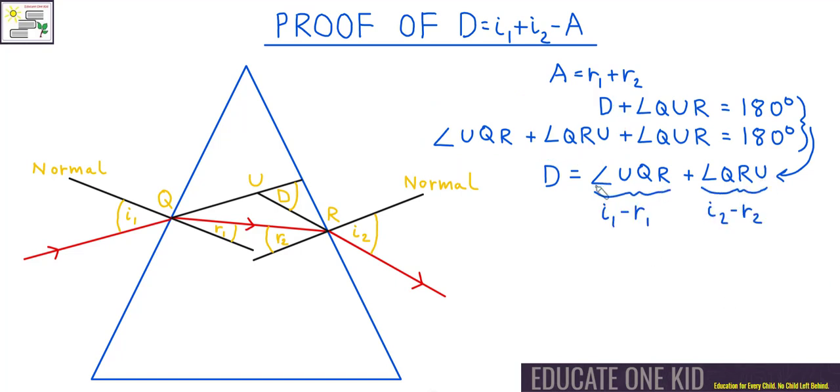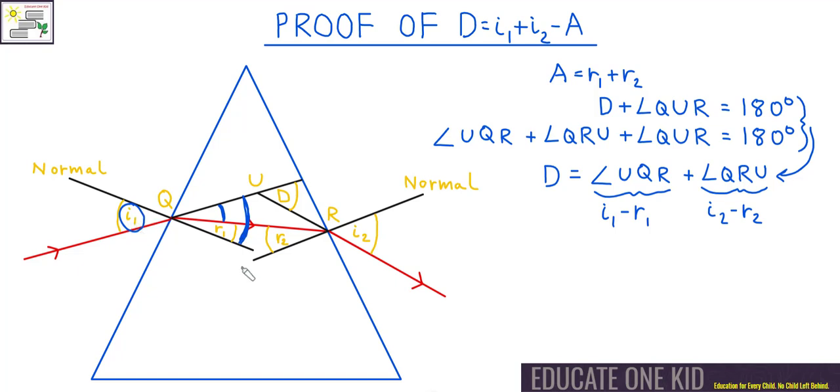And angle UQR, well, let's draw that in. That's this angle here. Now, why are we saying that this is I1 minus R1? Well, that's because this whole angle here is equal to I1.